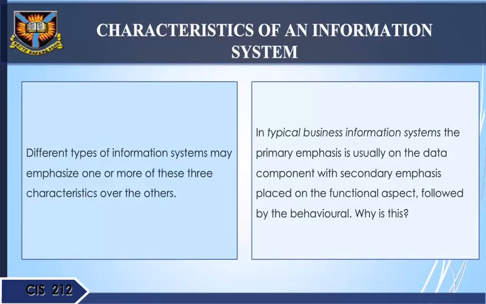Different types of information systems may emphasize one or more of these three characteristics over the others. In typical business information systems, the primary emphasis is usually on the data component, with secondary emphasis placed on the functional aspect, followed by the behavior. Why is this?